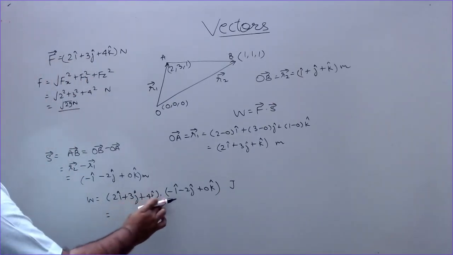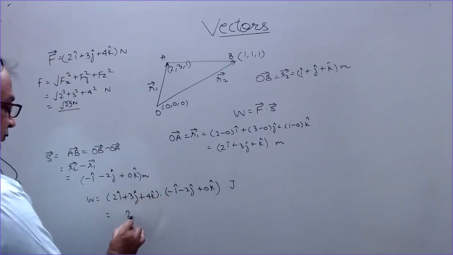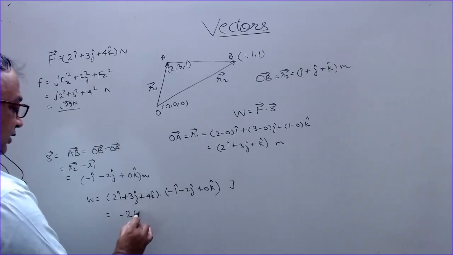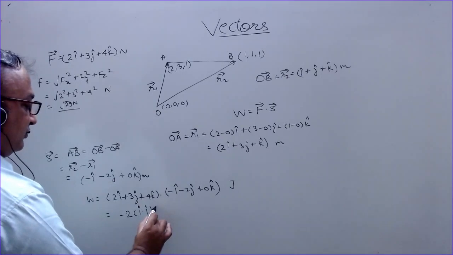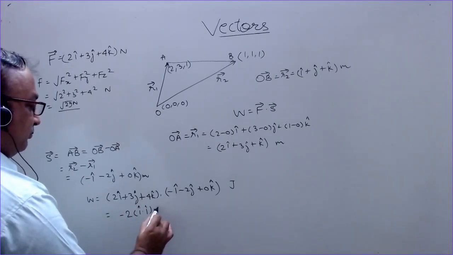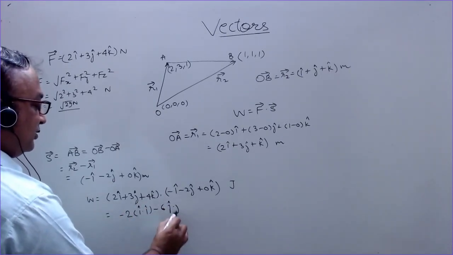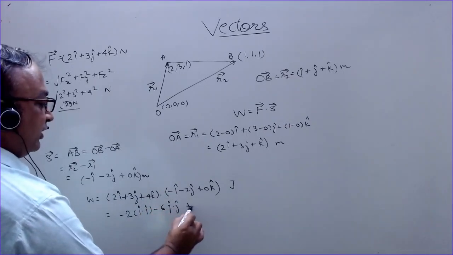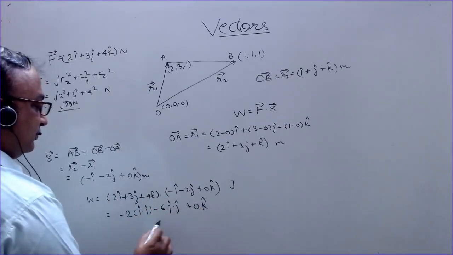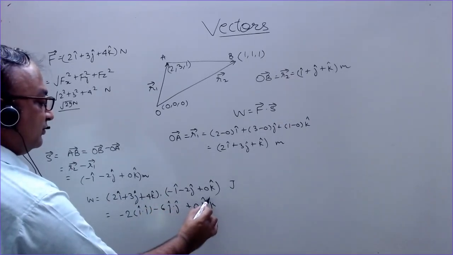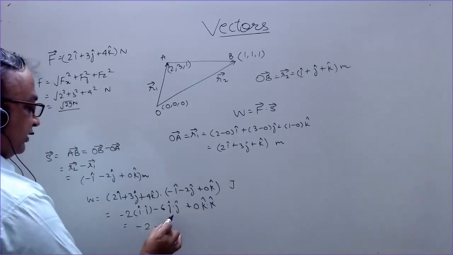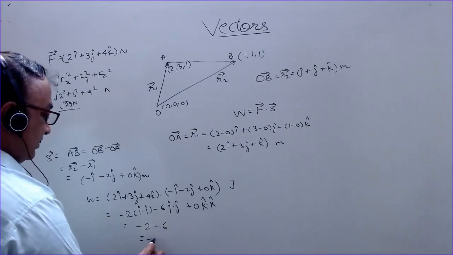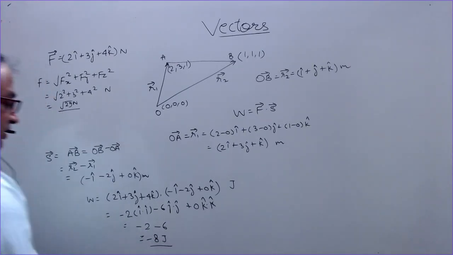So 2i dot minus i is minus 2 i dot i, 3 into minus 2 is minus 6 j dot j, and 4 into 0 k dot k is 0. So we have minus 2 (i dot i is 1) minus 6 (j dot j is 1), which is minus 8 joule, the work done in moving it from A to B.